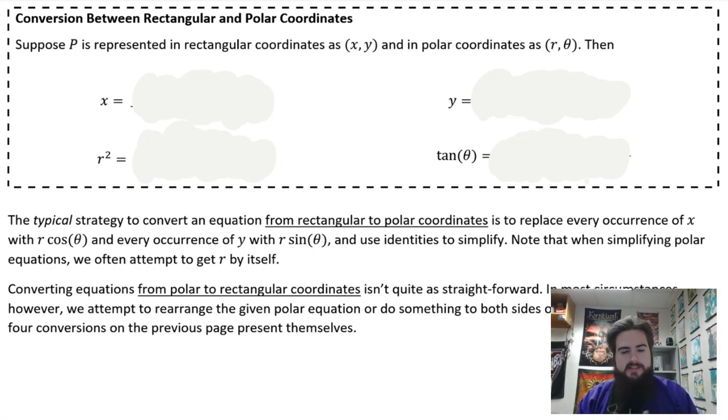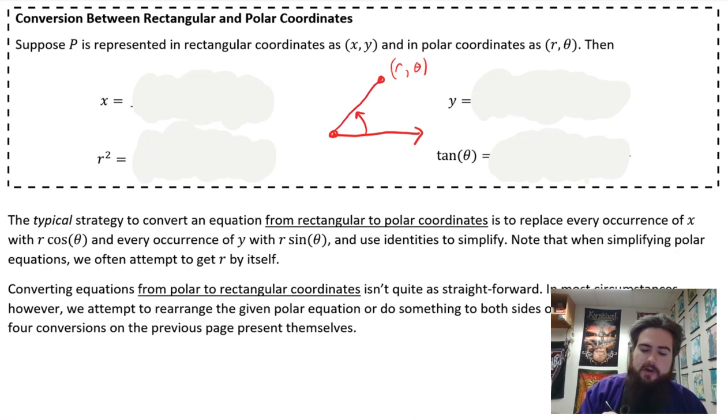Let's recall these. To think about them, what I would recommend to reference is a point in a polar coordinate system. I'll, for convenience, put this point in quadrant 1. This point, r comma theta, means it has theta as its rotation and r as its distance.